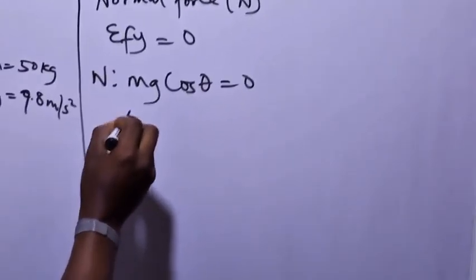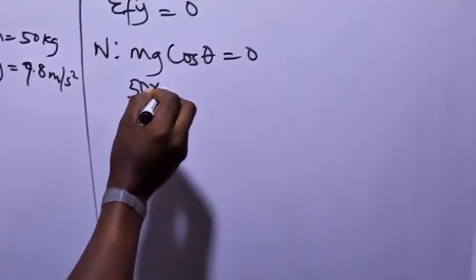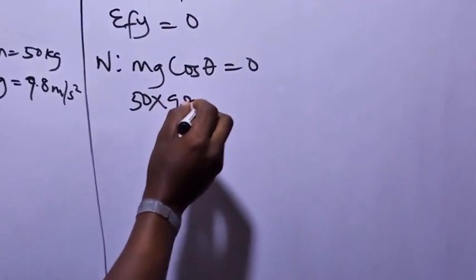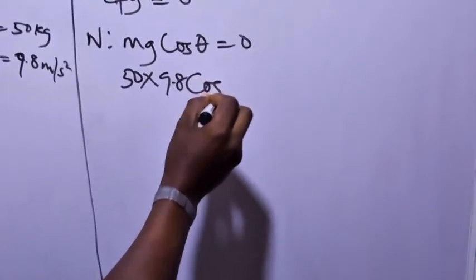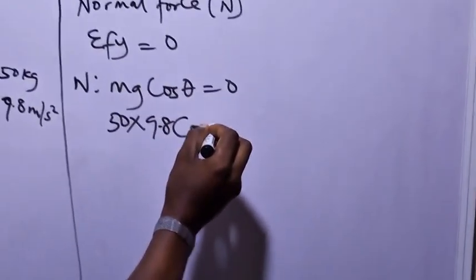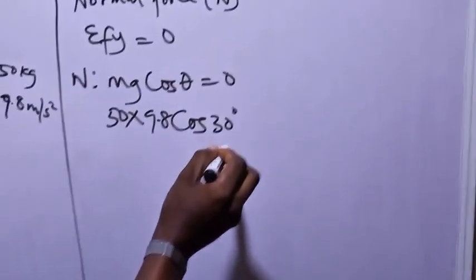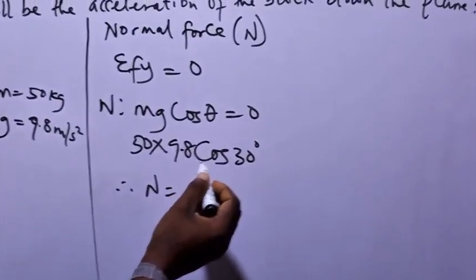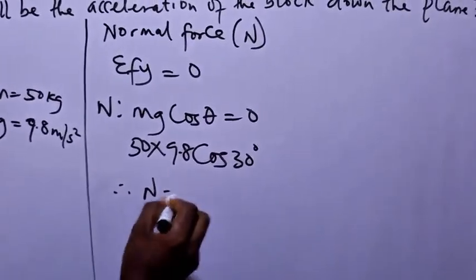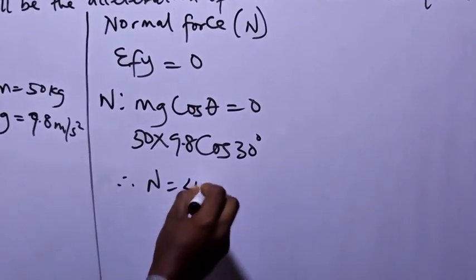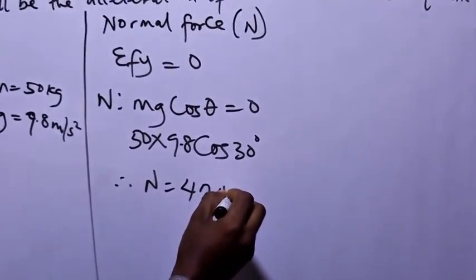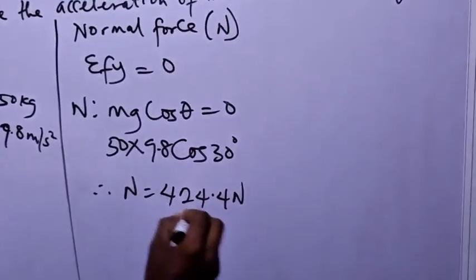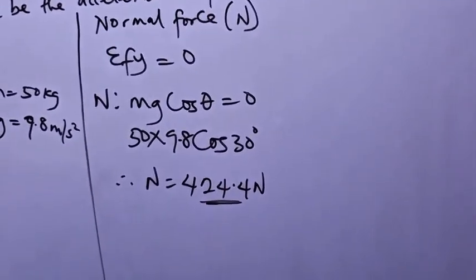Now the mass here is 50 times 9.8 times cos 30 degrees. Therefore, if you multiply 50 by 9.8 by cos 30 degrees, you will have 424.4 Newton as the normal force.